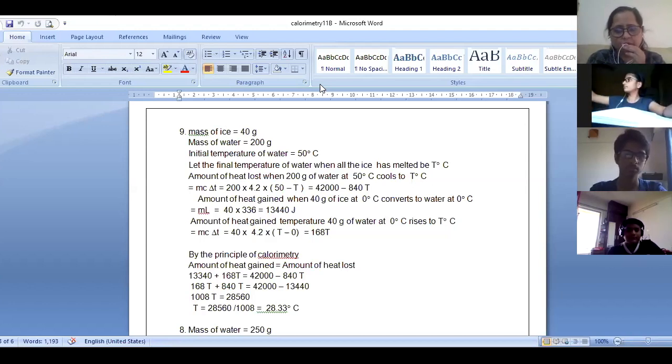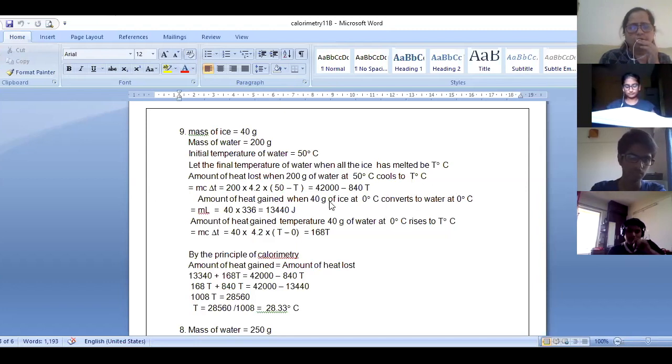First step will be the melting of ice to water. So in that case, you are going to use latent heat. So this is where you use the latent heat. See here, 40 gram of ice converts to water. First we are melting the ice to water, change of phase, so mL. After that, you don't stop there. Now at 0 degrees, all the water that has come from ice also has to increase its temperature.